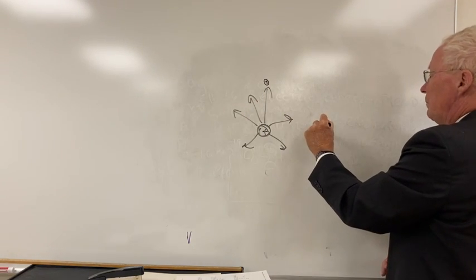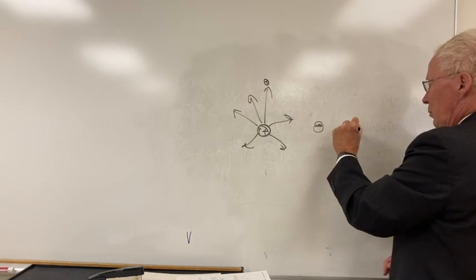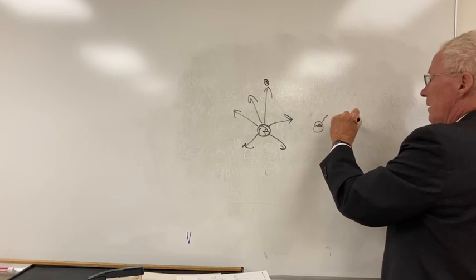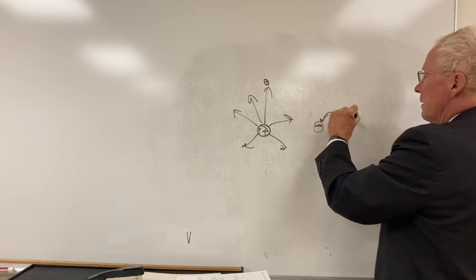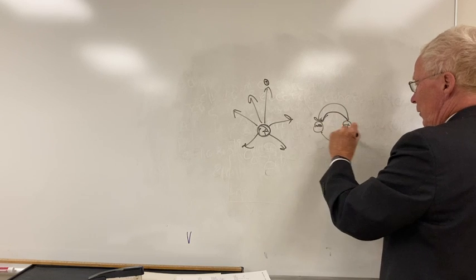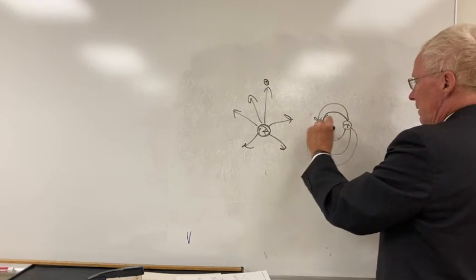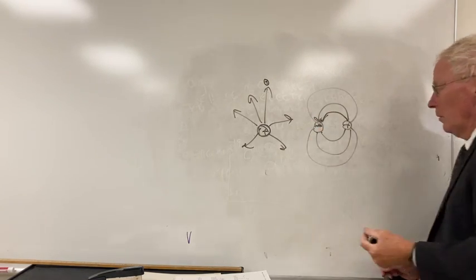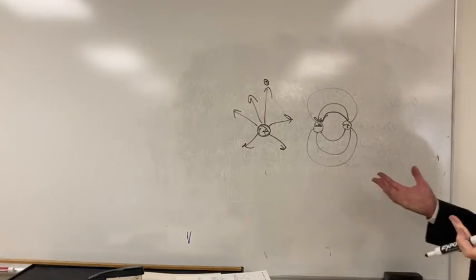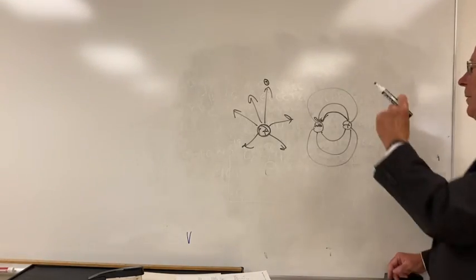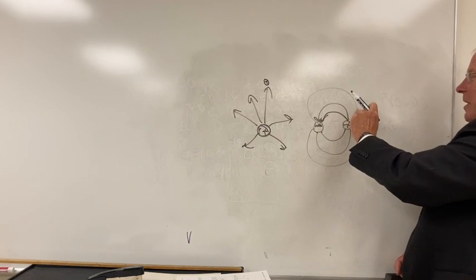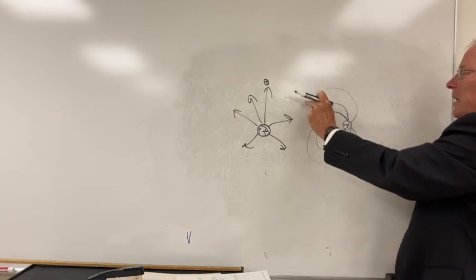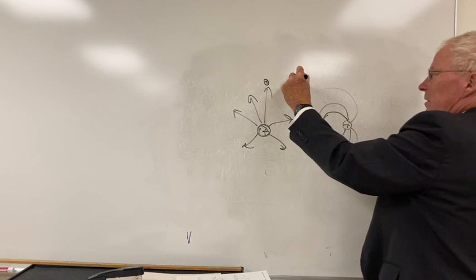For a dipole, minus and plus, it's going to be something like this, your typical field. So that's what the field is going to look like there. Again, it's the direction a positive charge would move. So in this case, it would be repelled by this one and then be attracted to that one. So this is electric fields.